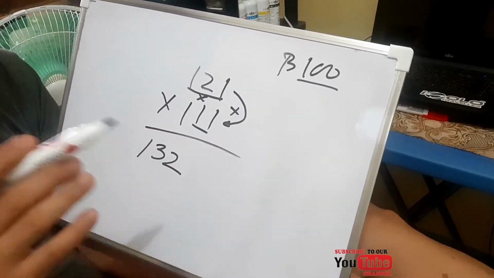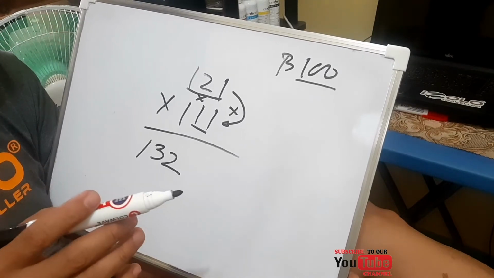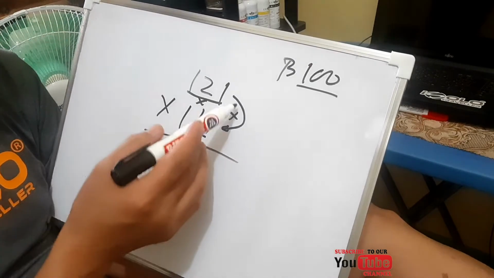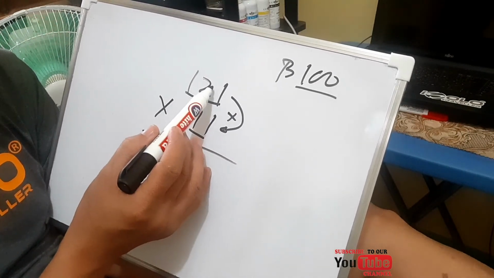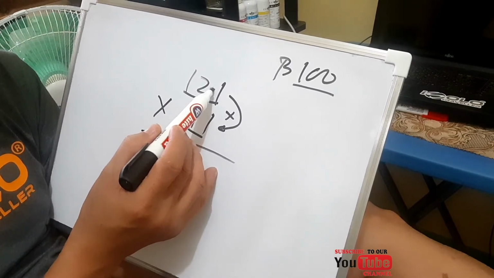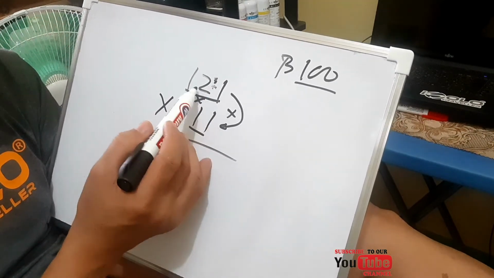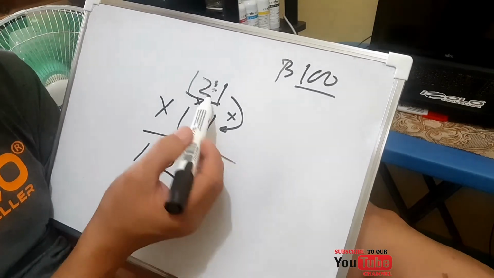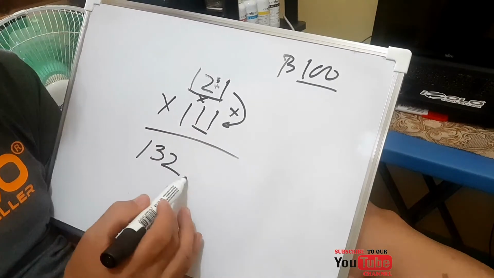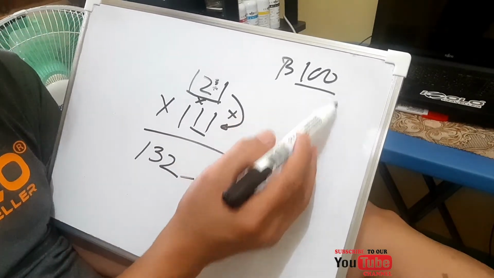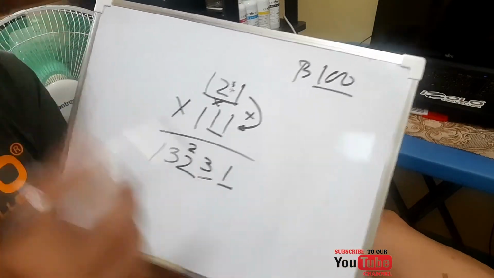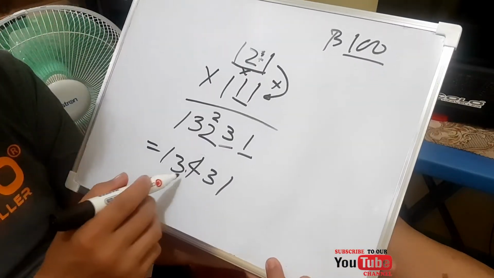Do you remember in the past video, if you watched that video already, that for any number multiplied with 11, all you have to do is add the digits here? 2 plus 1 is 3. Add these digits together and sandwich the result in between. So 2 plus 1 gives 231. Since we have already 2 zeros in our hundreds, carry 2 here, bring down 31. This is your answer.